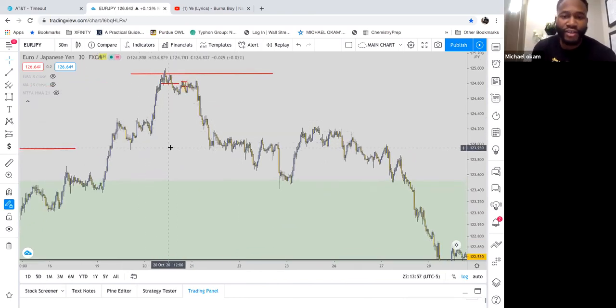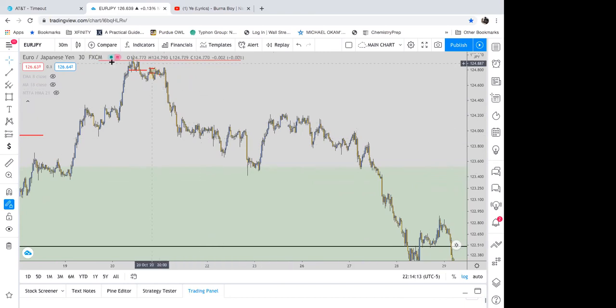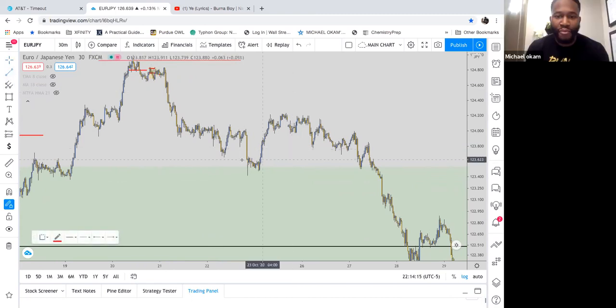I'm back in the 30-minute time frame, and guys, we already established that we're selling the market, so what do we need to see for us to get out of this trade? A break of what now? Support is resistance. A break of resistance, good job. So our break of resistance would be here, right?